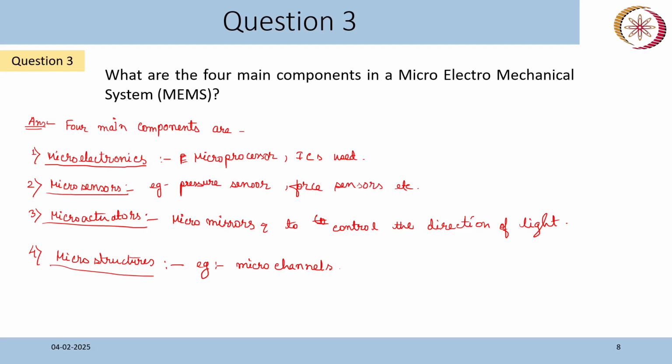That is like the brain, and based on that some decision will be taken and given to the actuators, and actuators will perform the work. It's like, say, our nose is a sensor, our brain is the processing unit, and our hands and legs are like actuators. So these are the four components of a micro electromechanical system. In this course, we will focus mostly on micro sensors and micro actuators.